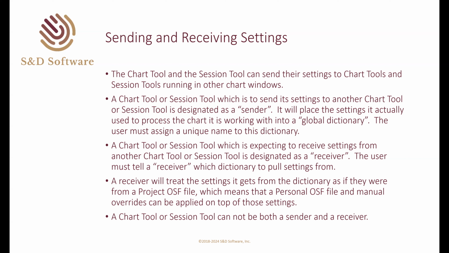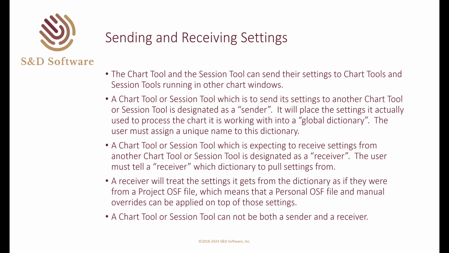He's going to put a rules OSF file, a skins OSF file, and a miscellaneous OSF file. The receiver can be told to look at the global dictionary being created by the sender, and he can be told to accept all 3 OSF files that he finds there, or you can tell him to just load a specific 1 or 2 if you wish. But the receiver needs the name of the dictionary to look at.